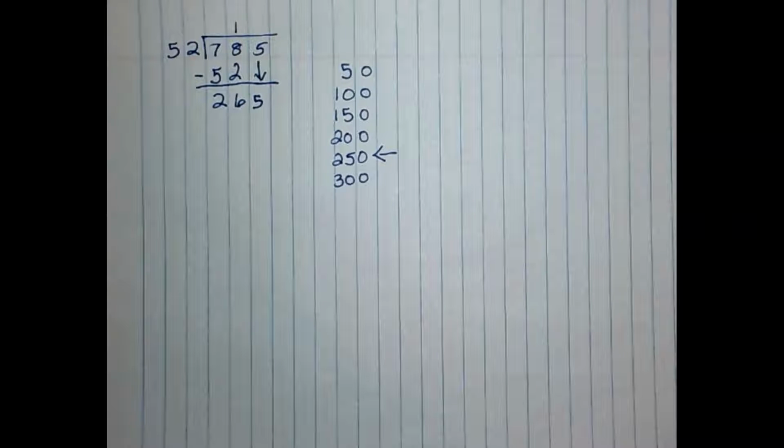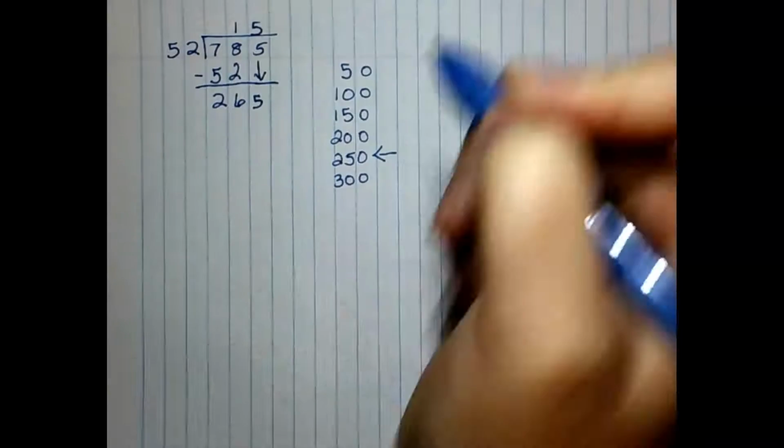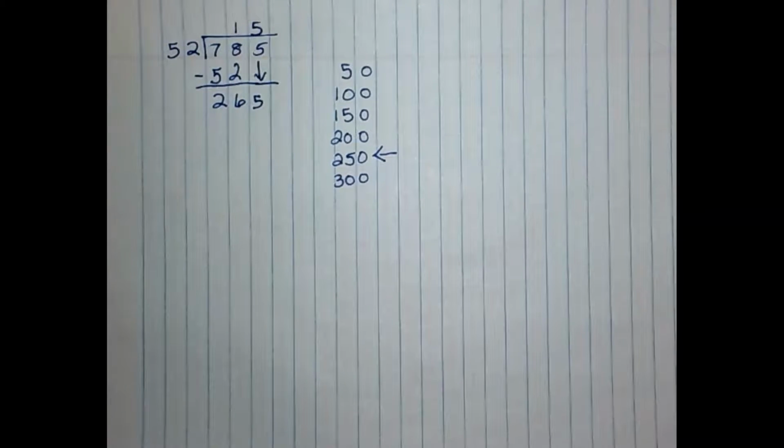This tells me I probably will be able to make 5 groups of 52 as well. Multiply and subtract. From here I see I have 5 left over. 5 is not enough to make a group of 52, and so that becomes my remainder.